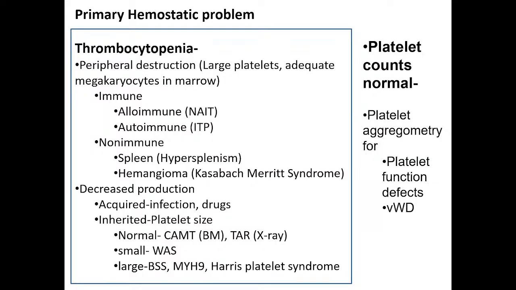Then if platelet counts are normal, think of platelet function problem, and for that we need to do platelet aggregometry, which is not available in many places, even in Bhopal. Factor 8 levels and von Willebrand factor level we should do.